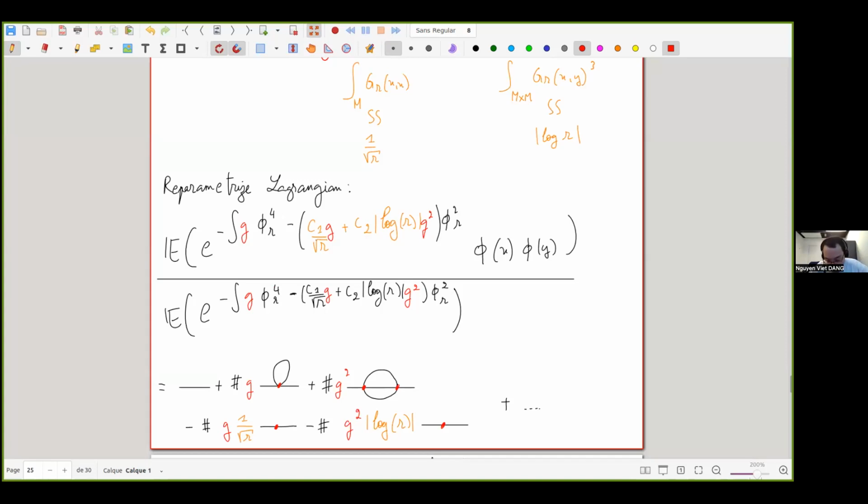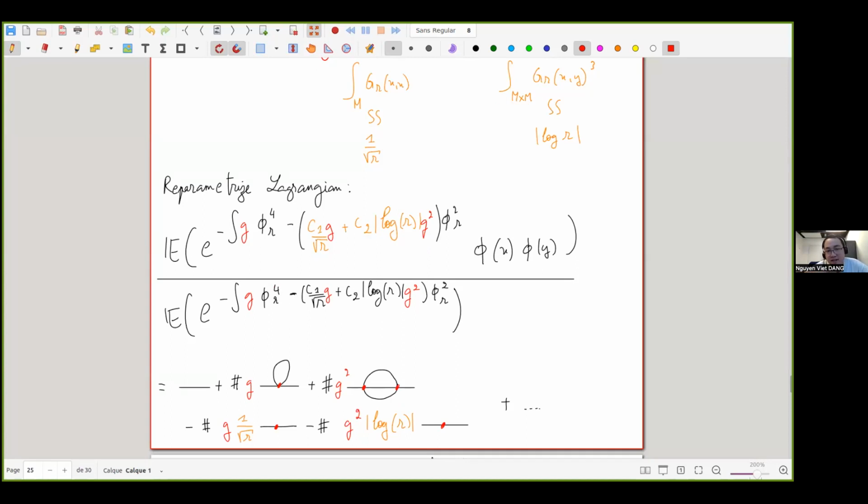Yes. Okay. So could I interpret the C1 as something like the Wick ordering, and then C2 is non-Wick ordering? C1 is Wick ordering and C2 is strange. I'm not sure it's a Wick ordering. I think it's not Wick ordering. It's like a shift of the mass. It's like your theory is so bad that you have to shift the mass. You see what I mean?